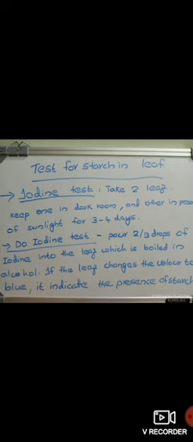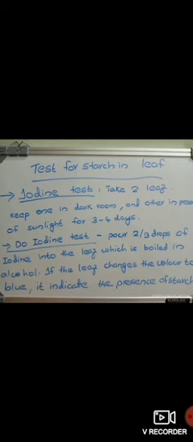So in order to do this experiment, we can take two plants. Keep one plant in dark room and another one in the area where sufficient sunlight is obtained. Keep these plants there for 3 to 4 days.